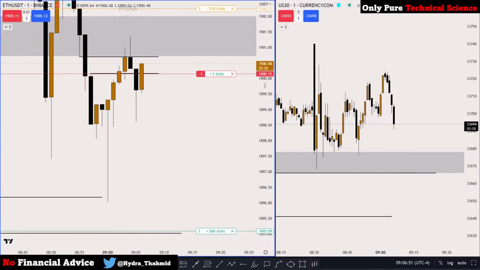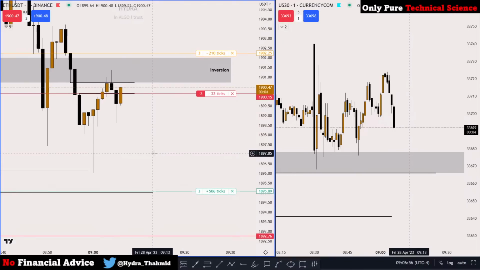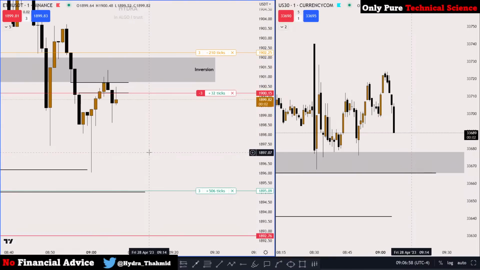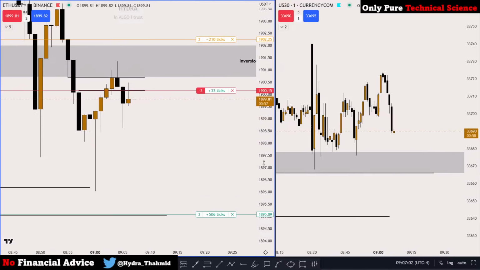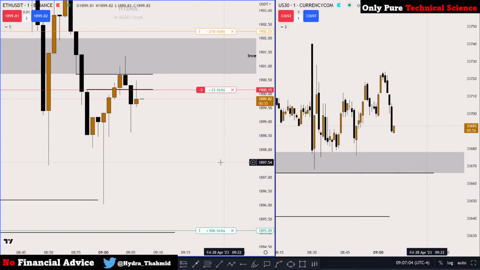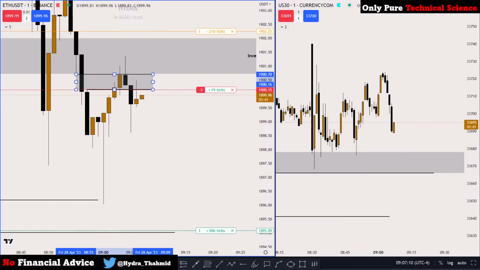So if you don't know what you are doing on crypto, you can lose a lot of money. A beautiful rejection again in this candle from this fair value gap here. That's the fair value gap here, right?